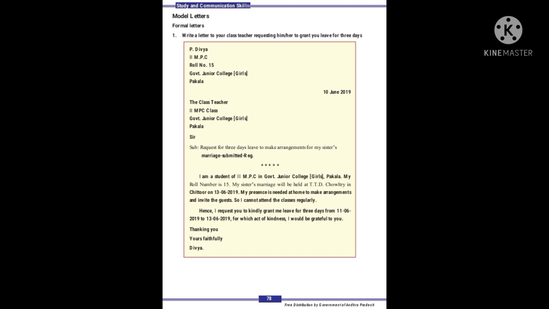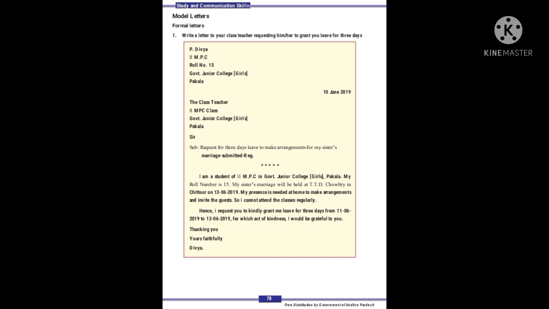Below the ending, write the subscription. It is called leave taking, certain forms of polite or complimentary clause. For example, yours obediently or yours faithfully. Signature of the writer should be made below the subscription.